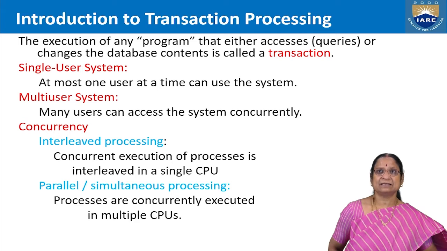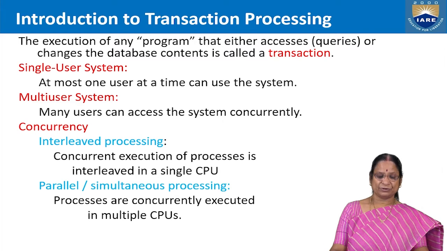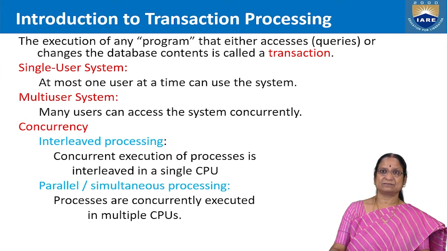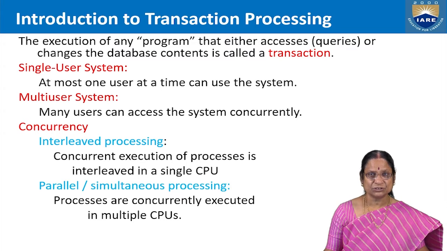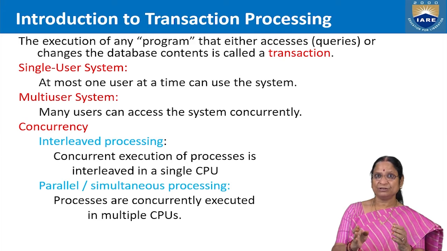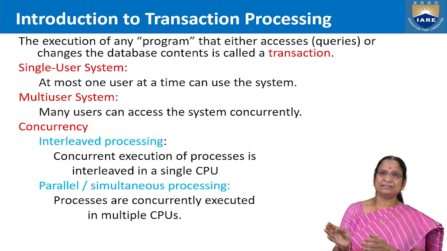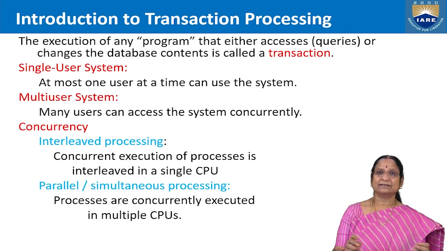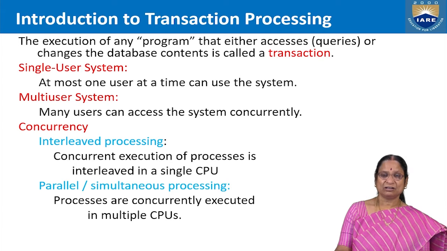Interleaved processing means the concurrent execution of processes is interleaved. Interleaved means some process is going on, it will stop, and another process may start. Stop here means not intentionally.